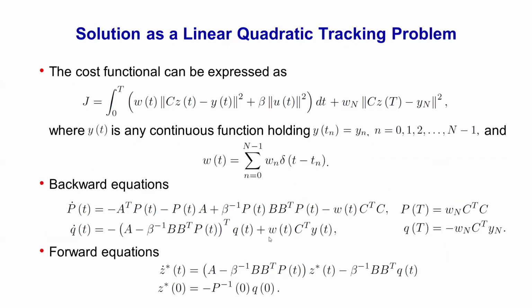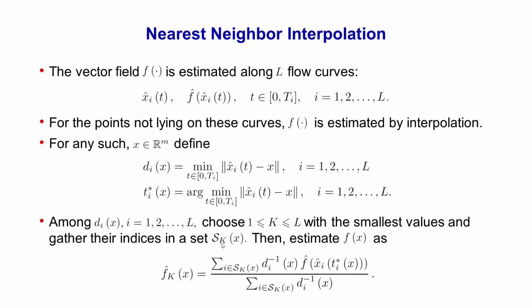After solving the formulated problem using the known results in linear quadratic tracking problems, we have a bundle of estimated trajectories and estimates of the vector field along these trajectories.